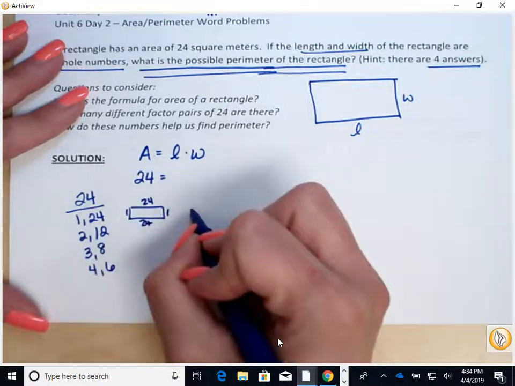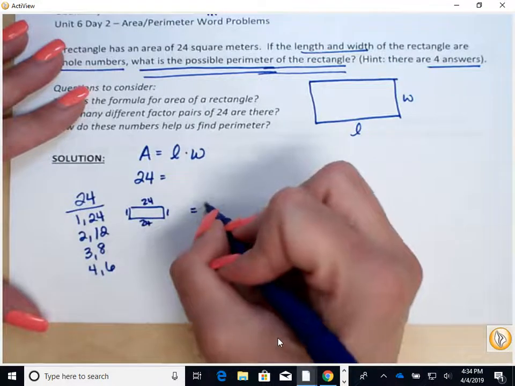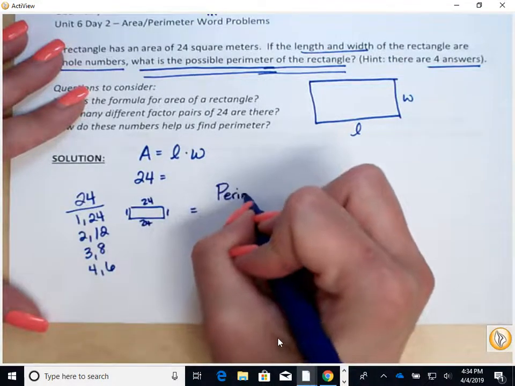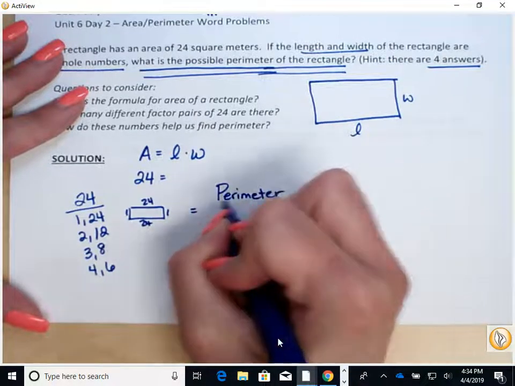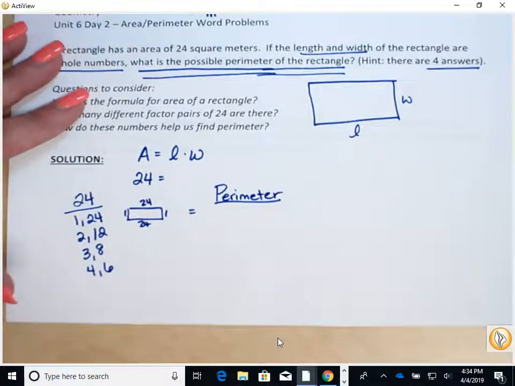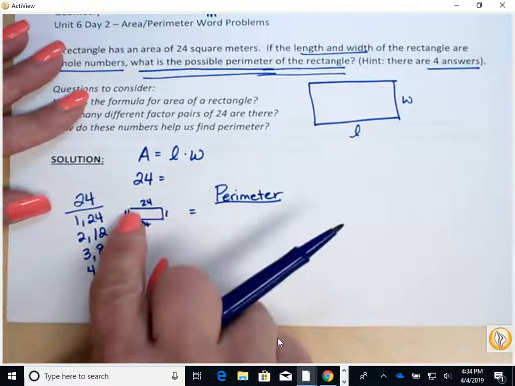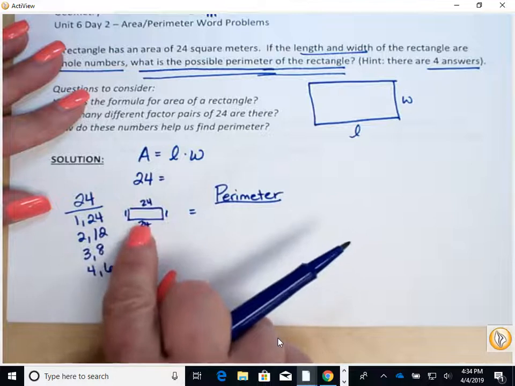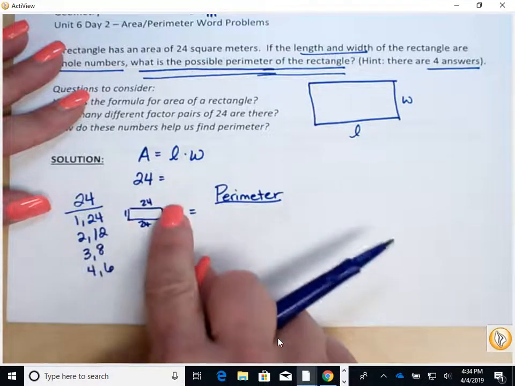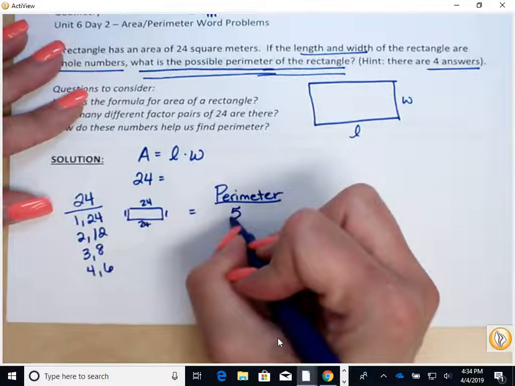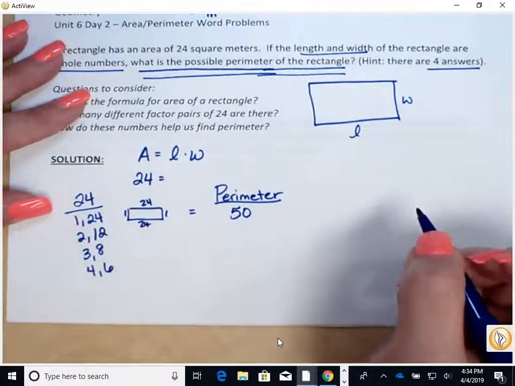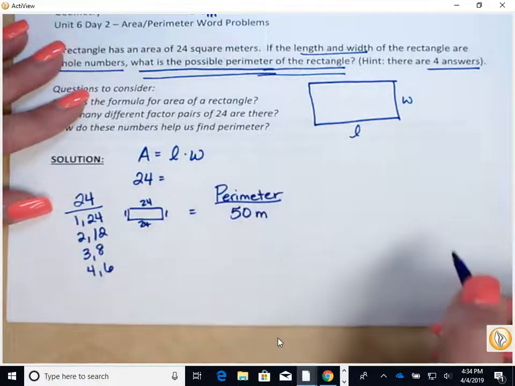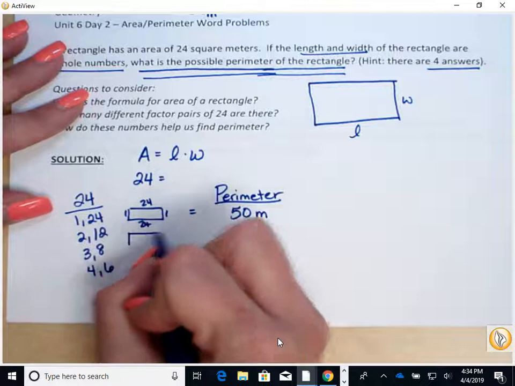Add up all the sides. Make a little chart, and I can guarantee there's going to be a problem like this on the quiz or test as well. Add up all the sides, 24 plus 1 plus 24 plus 1. That gives me 25. That gives me 25. Add them together, we get 50. 50 meters.